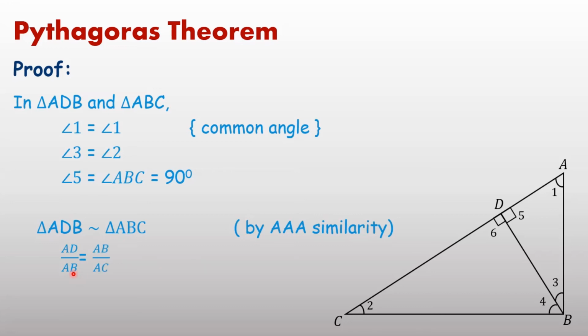Therefore, corresponding sides are in the same ratio. Means AD upon AB equal to AB upon AC. AD means first and second point taken upon AB, first and second point. Then AB means from the first angle, first and third point, and AC first and third point. Cross multiply, you will get AD into AC equal to AB square, equation first.